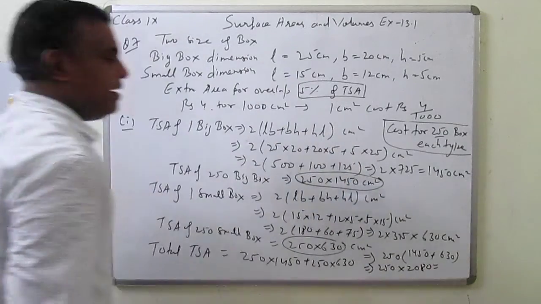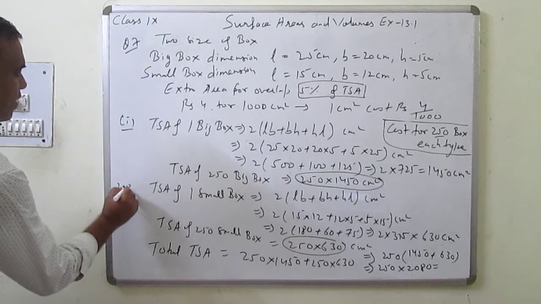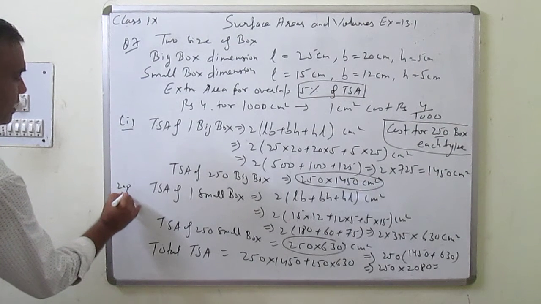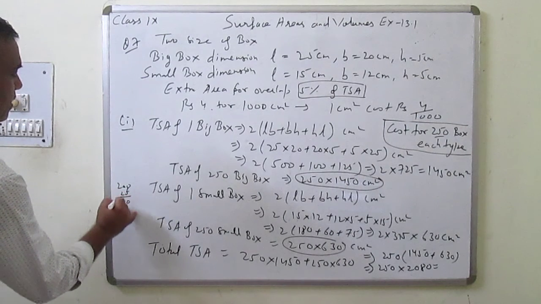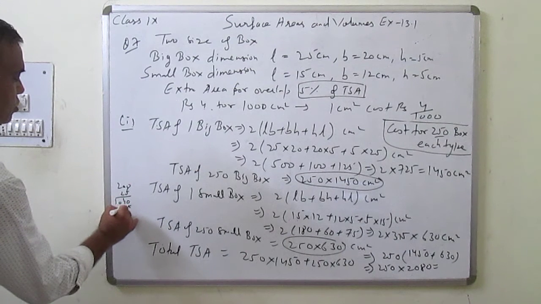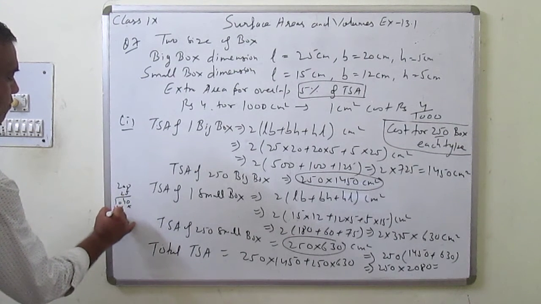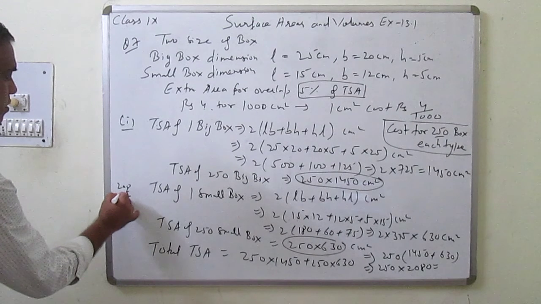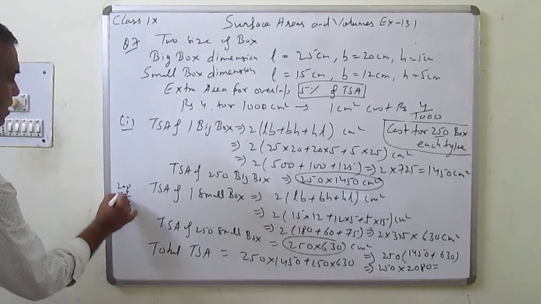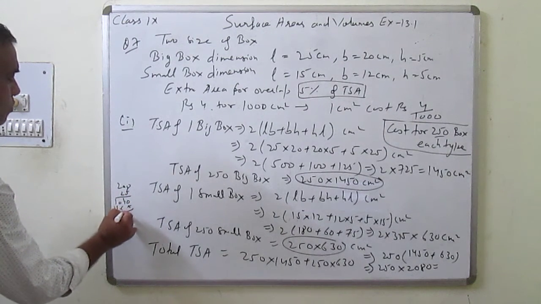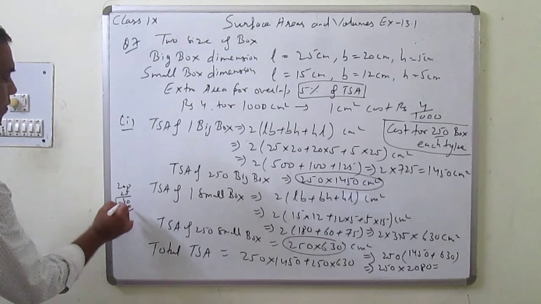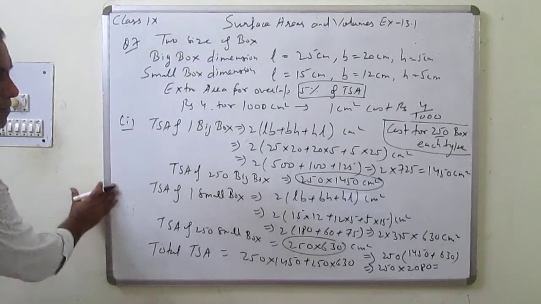If you multiply it, 208 को 25 से मल्टीप्लाई कीजिए. 208 multiplied by 25 comes out to be 5200.